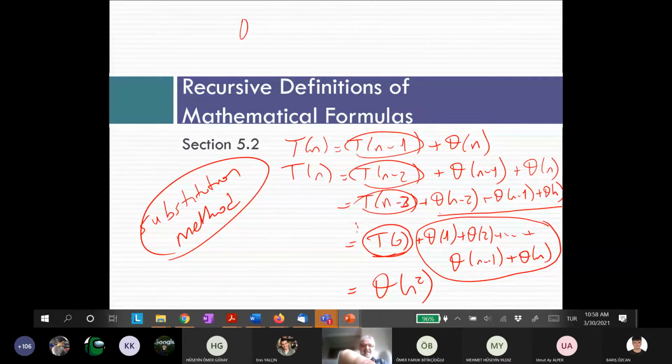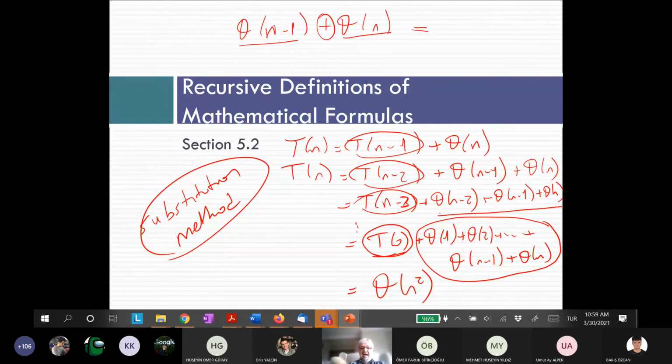Actually, what is theta n minus 1 plus theta n? We cannot easily add two asymptotic notations, right? There is no arithmetic between asymptotic notations. We cannot perform arithmetic between asymptotic notations, actually.